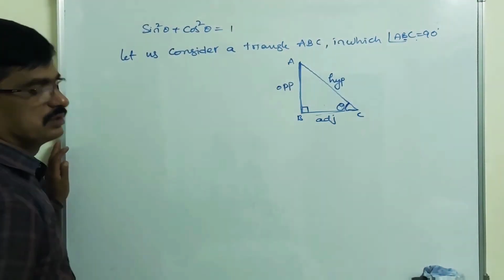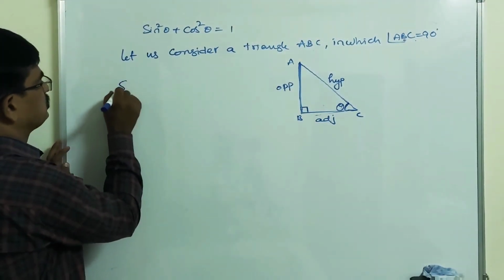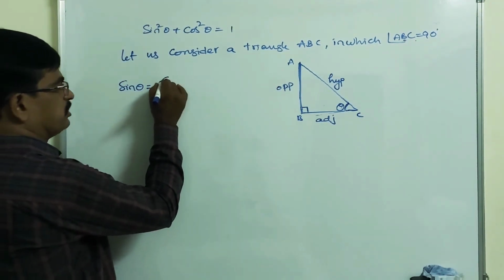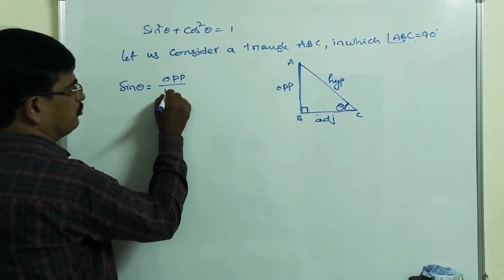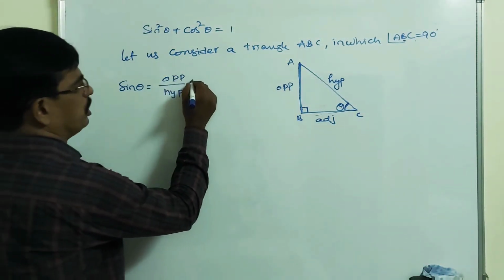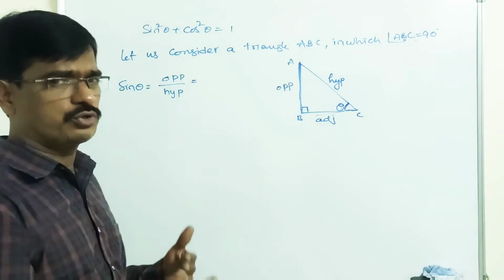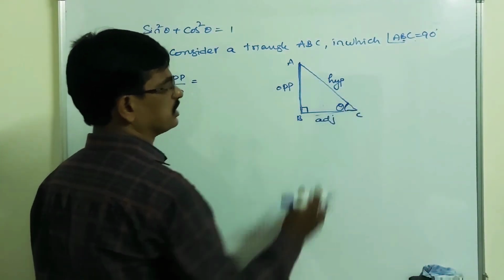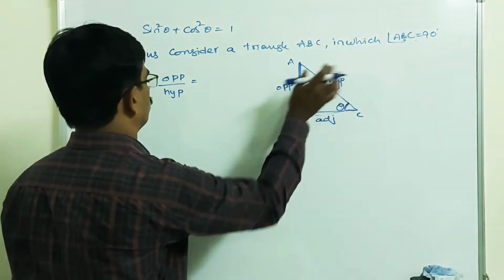From this right triangle, I can write sin theta, which we defined as opposite side by hypotenuse. Opposite means the side opposite to theta, this is the adjacent side to theta, and this one is the hypotenuse.